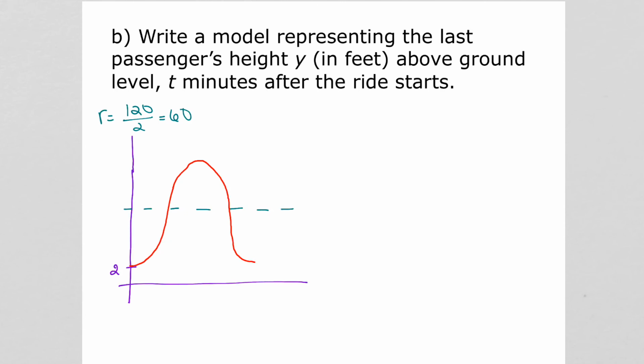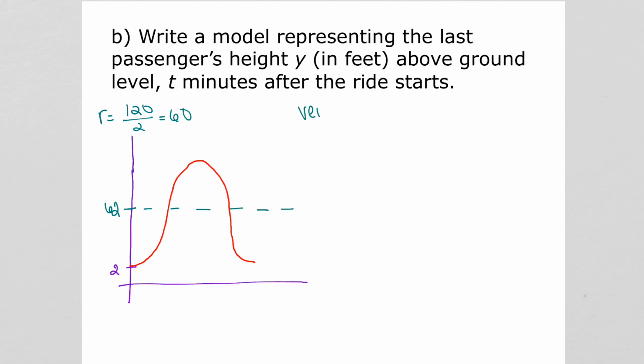So where would that midline be? Well, while he's at the bottom, when he gets halfway up, then he's gone half the diameter or the radius. So this distance here would be 60. So if that distance is 60 and we add 2 to that, then that means that this spot here on the y-axis is 62.